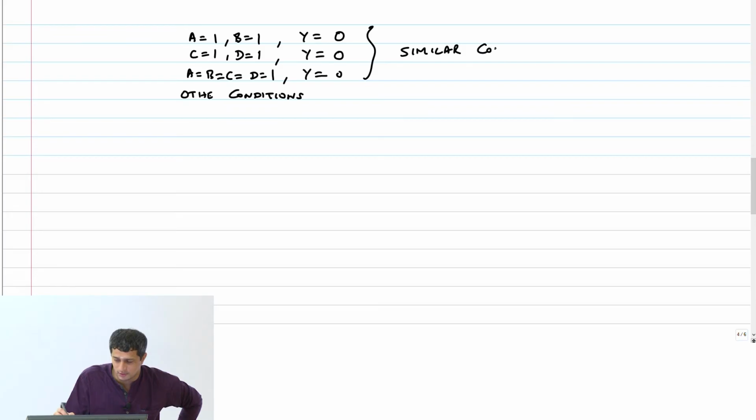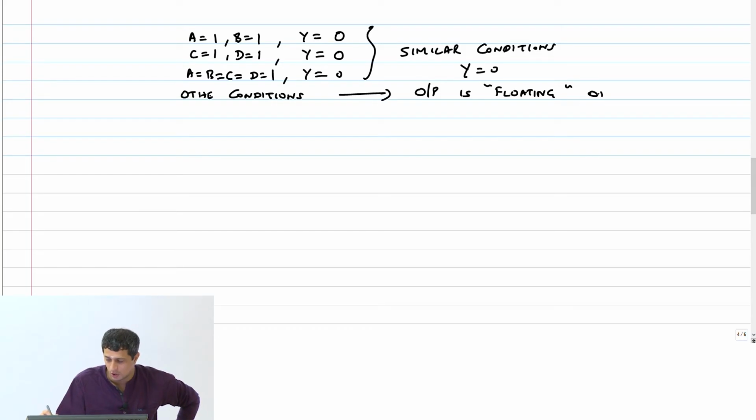Similar conditions, right? Y equal to 0. Other conditions, the output is floating. Okay, you'll hear this term, or high impedance, in high impedance state, right?